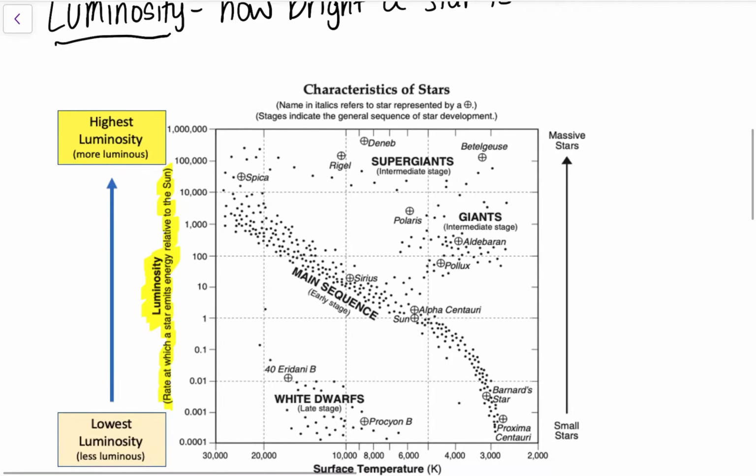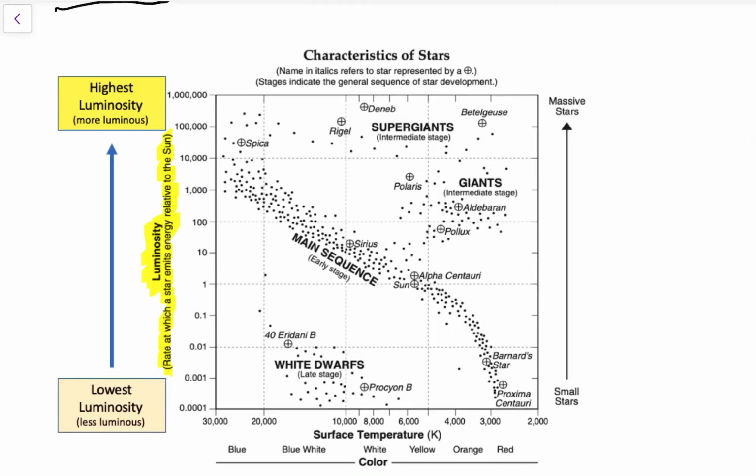So I want to look here, when we look at the luminosity axis, we're going to look and find 1. As we go across and look at the values for 1, we see that our sun, the sun in our solar system, has a luminosity of 1. As we go up the chart, up the diagram, the values get bigger. 10, 100, 1,000, 10,000, all the way up to 1 million.